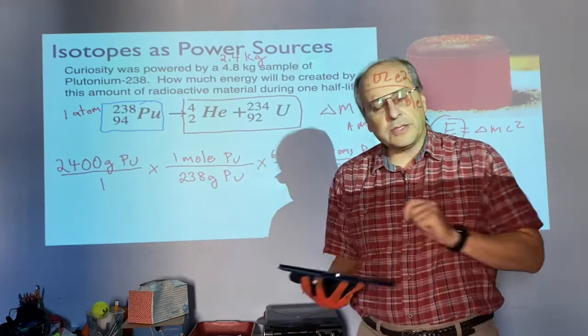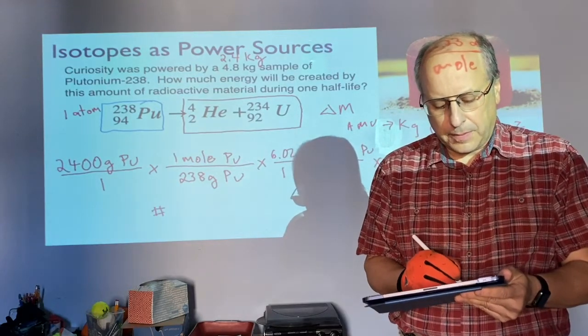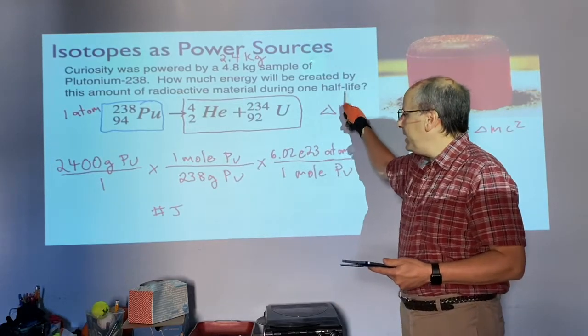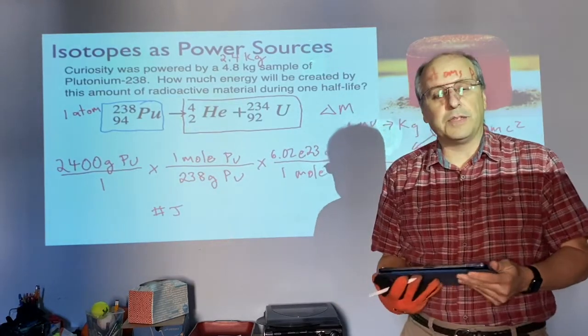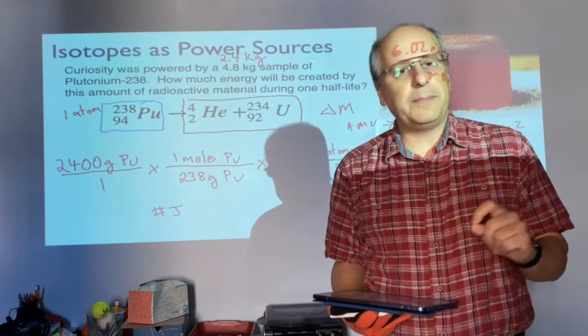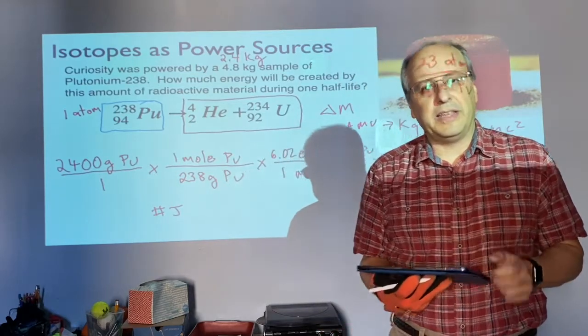So working this all out, you will get the number of joules that will be produced over the 90-year lifespan of this plutonium. And realize it's not really a 90-year lifespan because it still has half of its energy left after those 90 years.